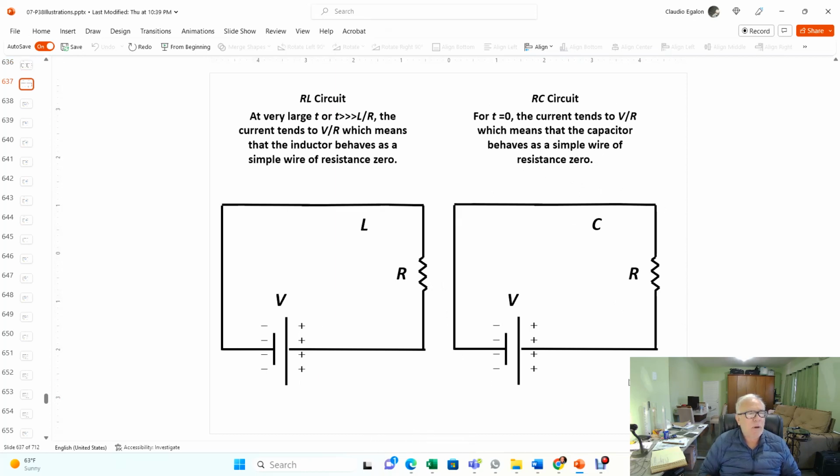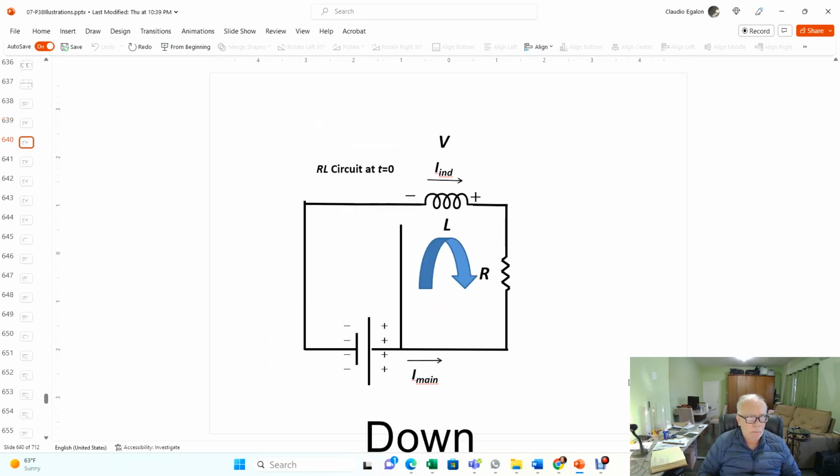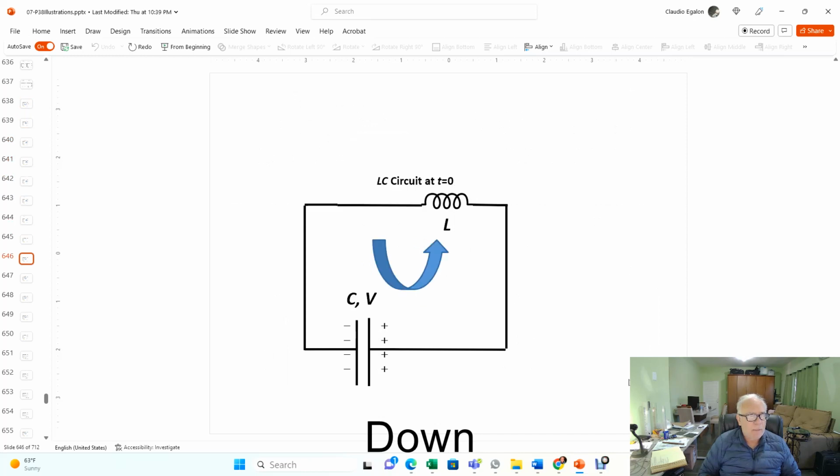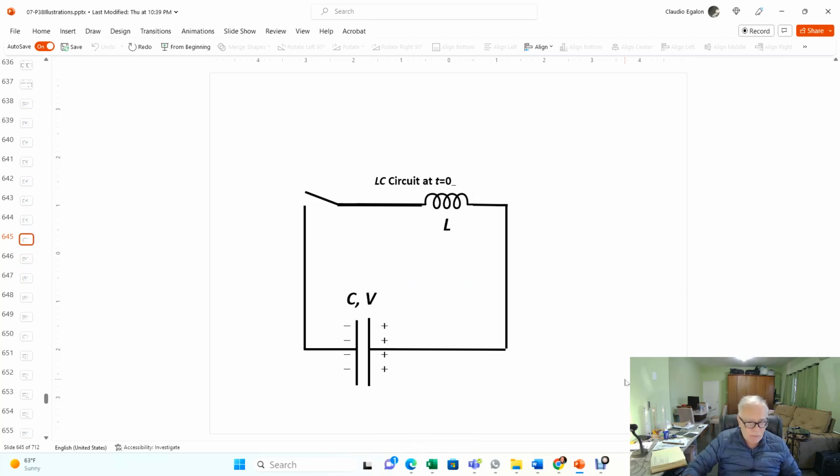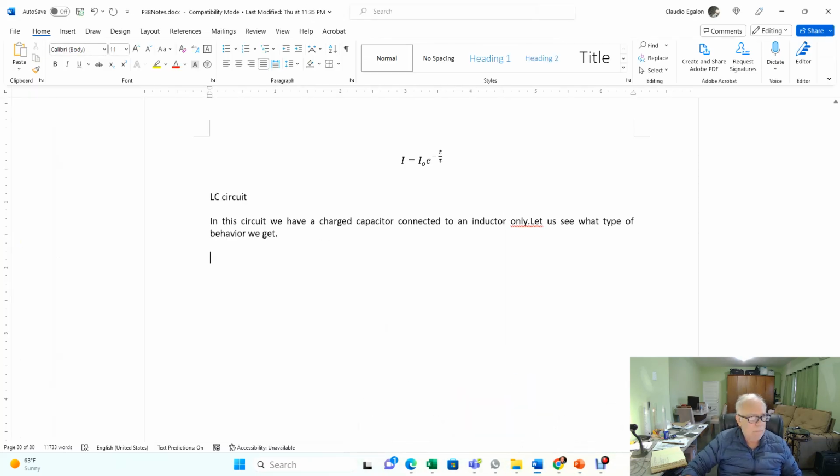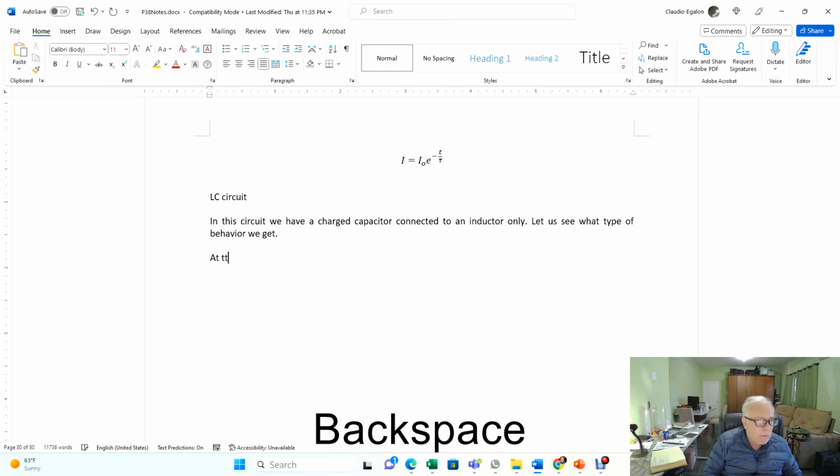We have a short circuit here for time much greater than L over R and for time t equal to 0. Okay? So here's the LC circuit. At time t equal to 0, the capacitor is charged, but the inductor isn't.